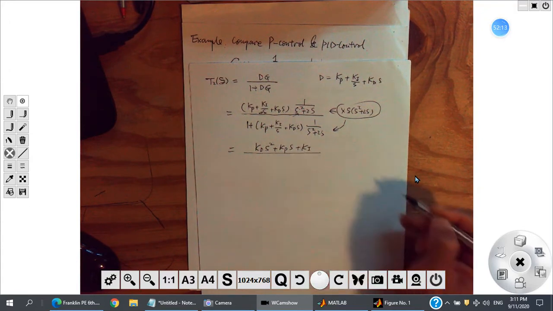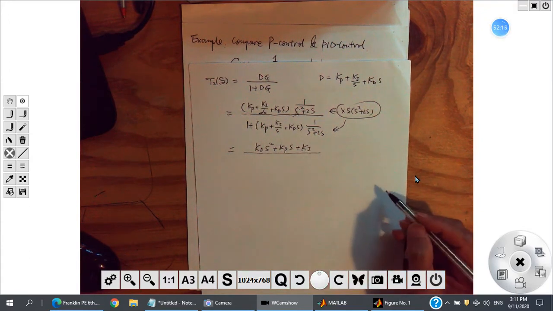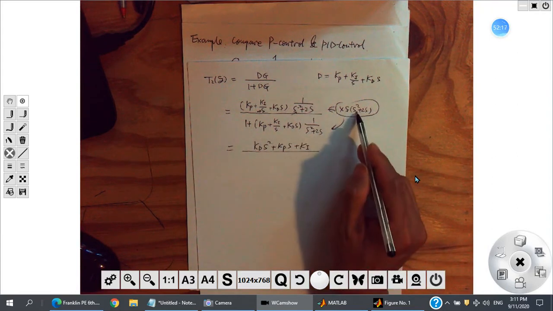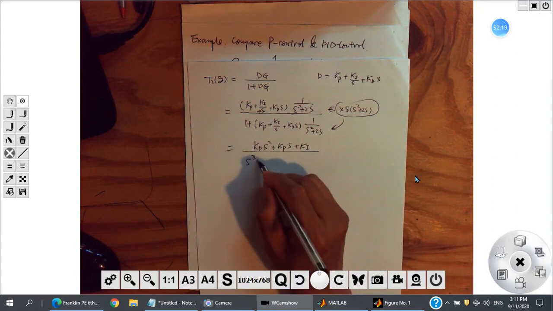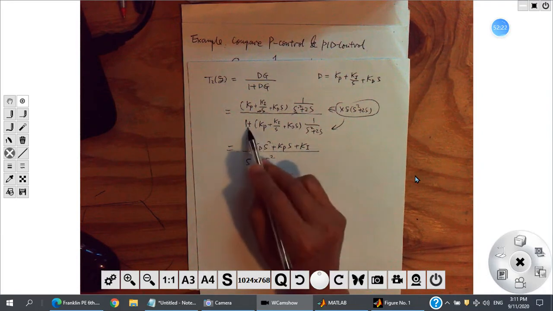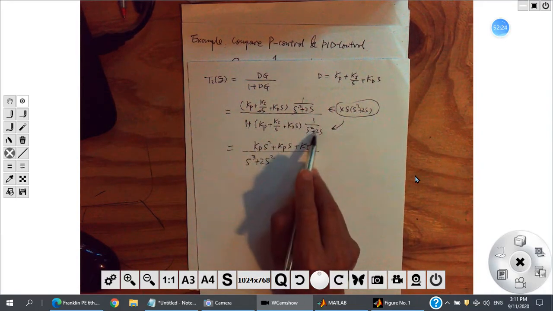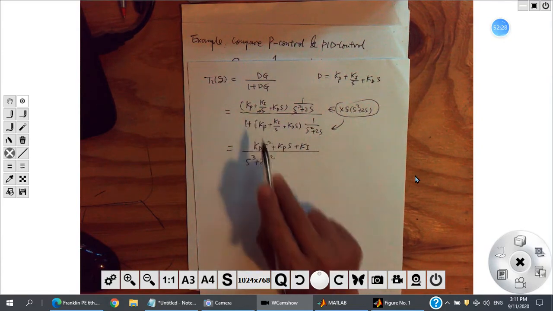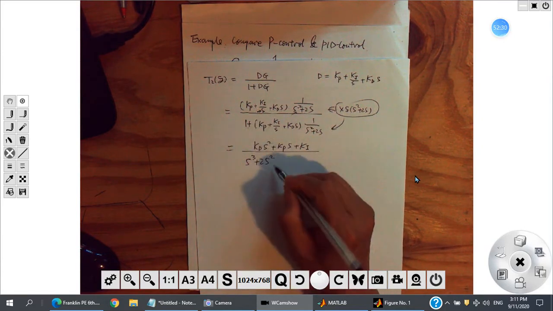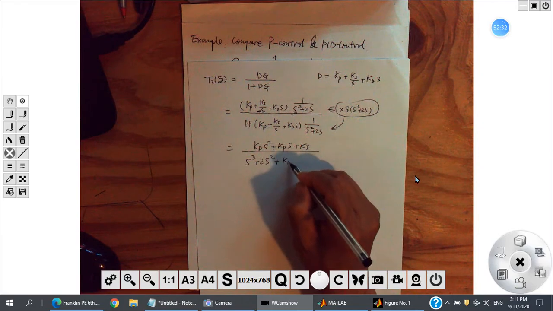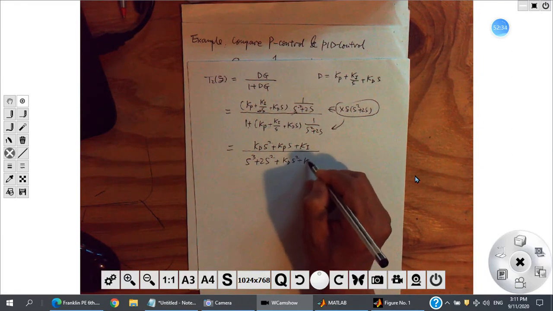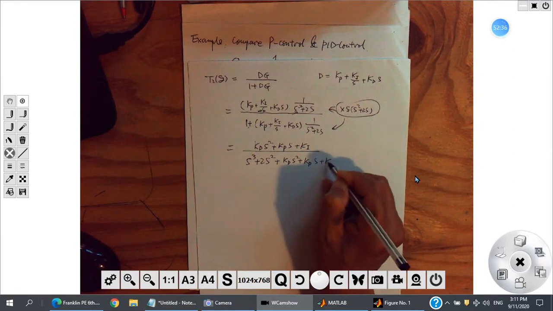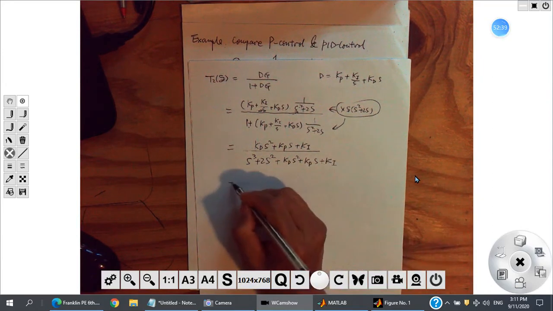This is the numerator. And for the denominator, 1 times that is s cubed plus 2s squared. And this part, the s squared term, cancels, and this one will be the same as the numerator. So it is kd s squared plus kp s plus ki. Let me write again.